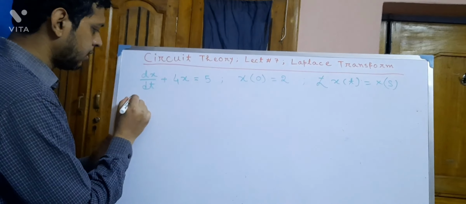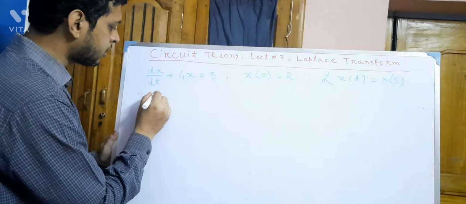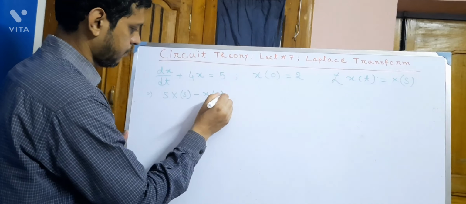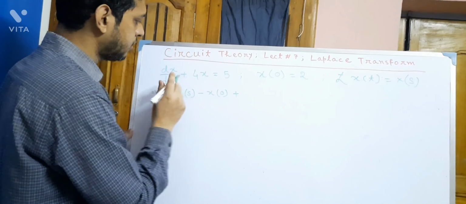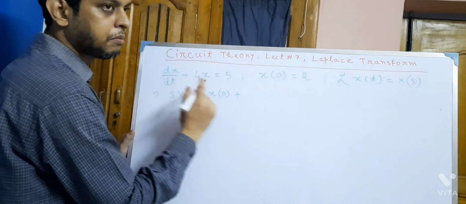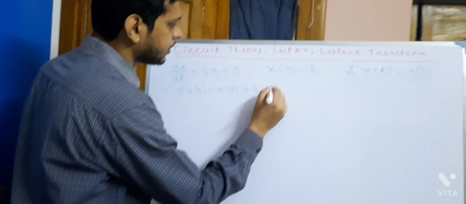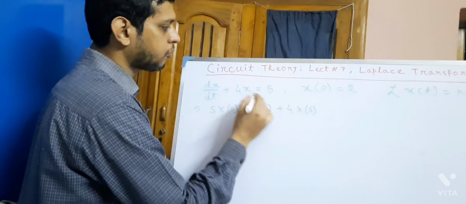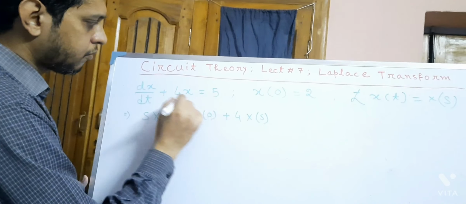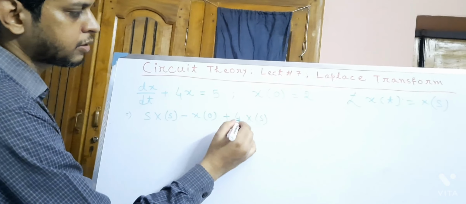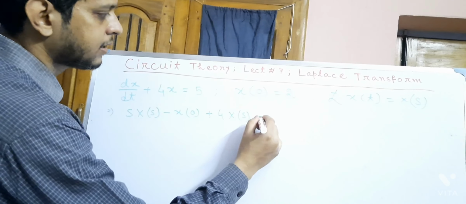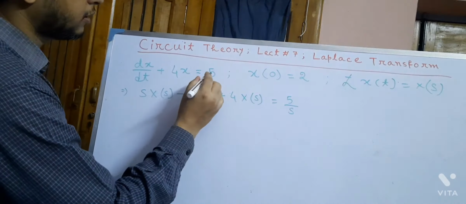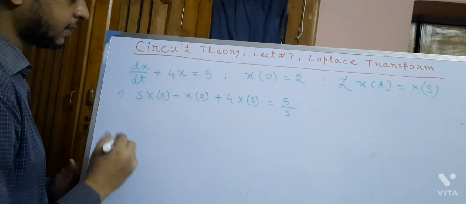So the Laplace transform of dx/dt equals what? sX(s) minus x(0), plus the Laplace transform of x, which is 4x, so 4X(s). On the right hand side we will get the Laplace transform of 5, which equals 5 by s.